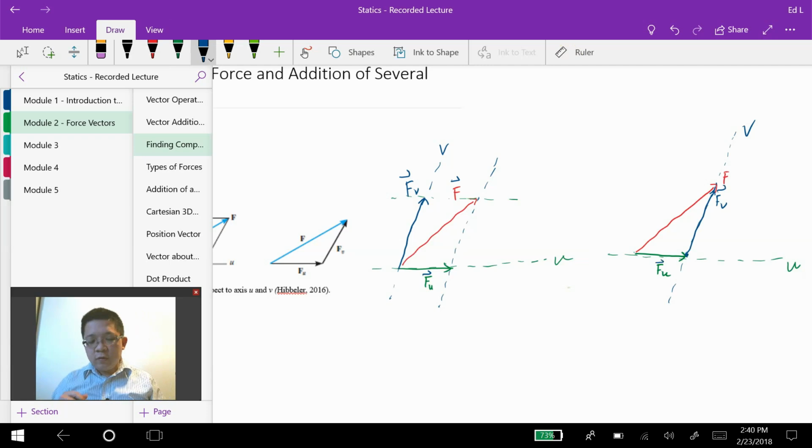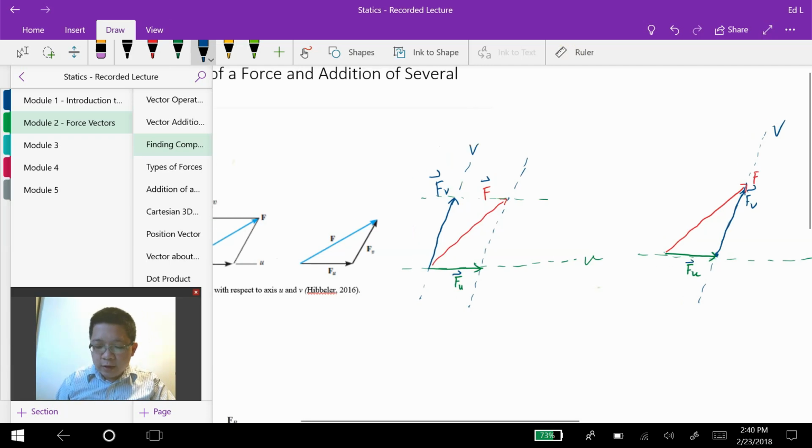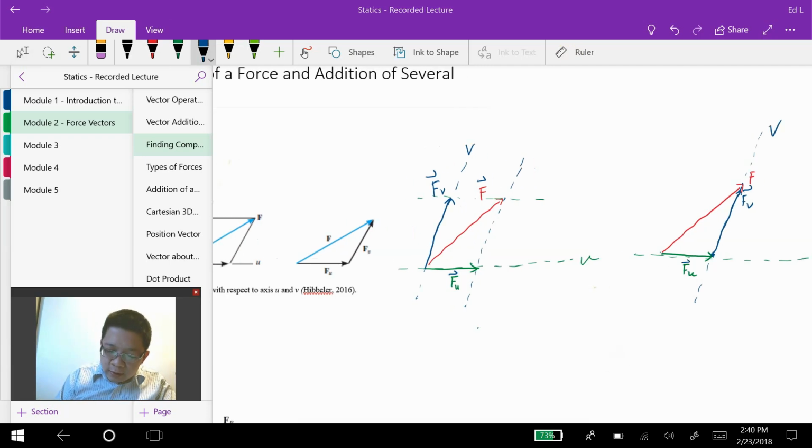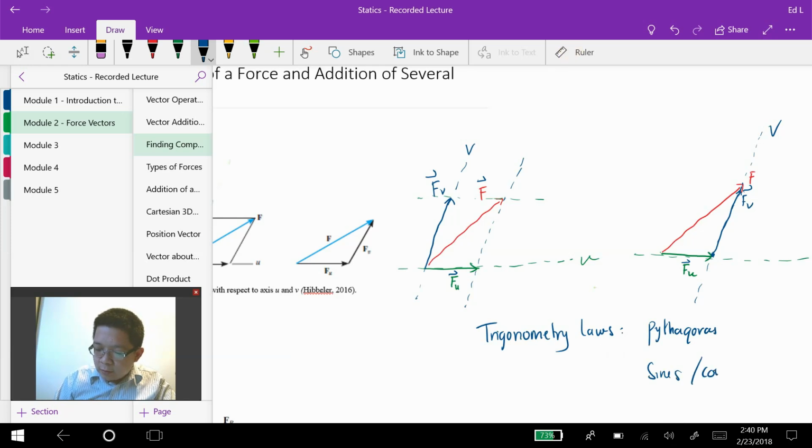Of course, in order to find these components, you will still need to apply the trigonometry laws, such as the Pythagorean theorem, or you have to use the sine or cosine laws.